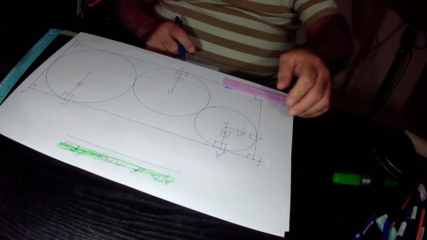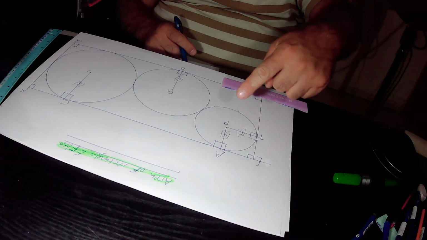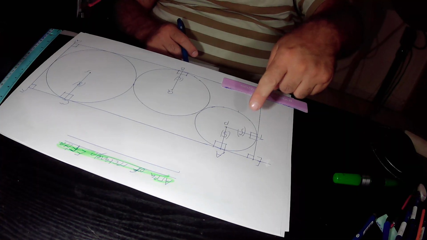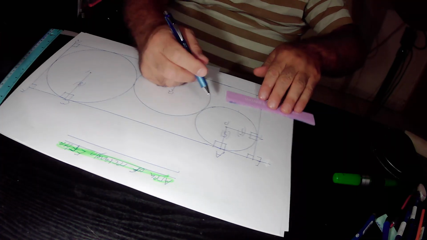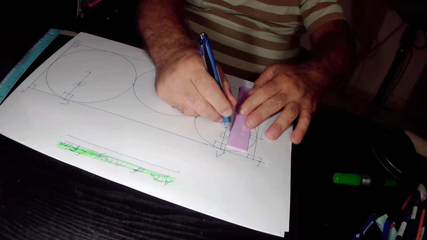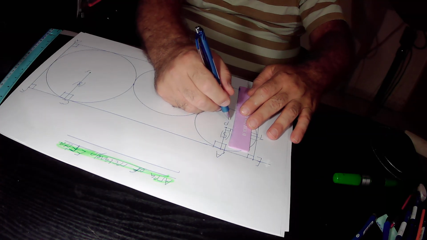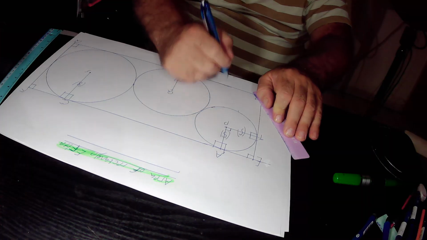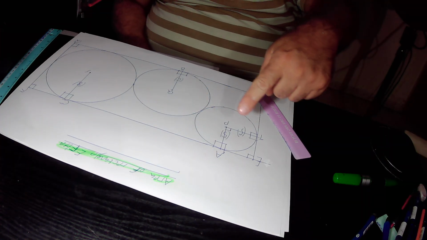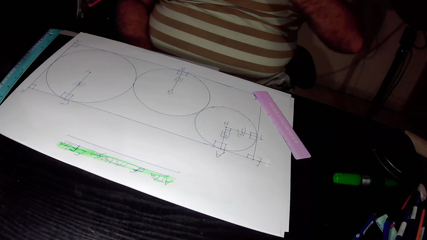So in quadrangle EAPT we have 1, 2, 3 right angles, and therefore this fourth angle must be equal to 90 degrees in its size. According to the rule, the sum of the angles in any quadrangle is equal to 360 degrees. So in quadrangle EAPT we have 4 right angles.